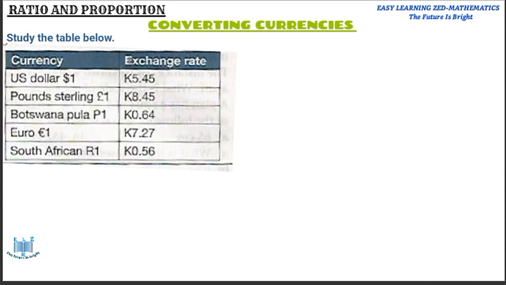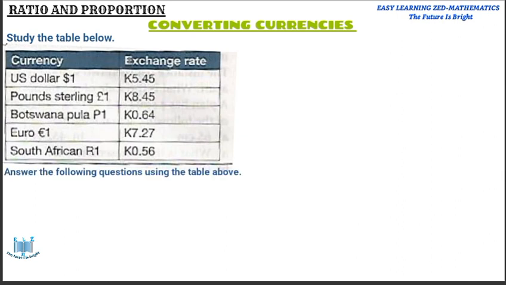Euro, where €1 is bought at 7.27 kwacha. And South African rand, where 1 rand is bought at 0.56 kwacha. Now let's go to the questions.